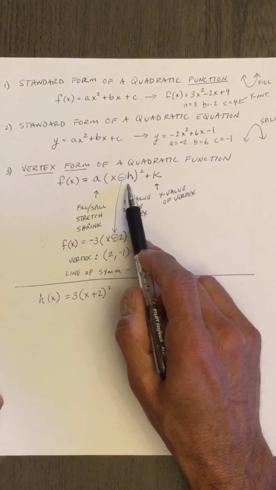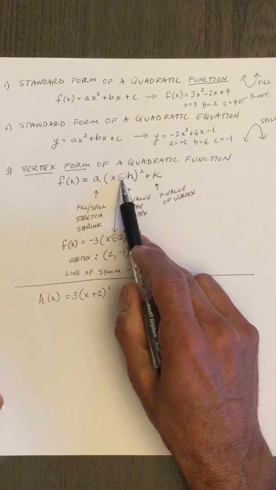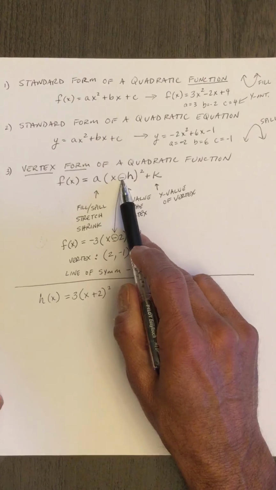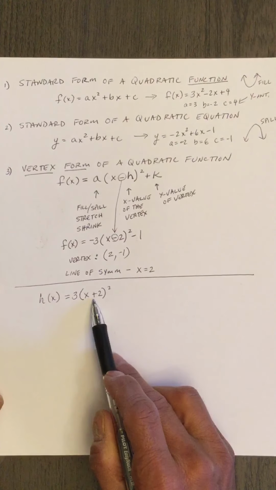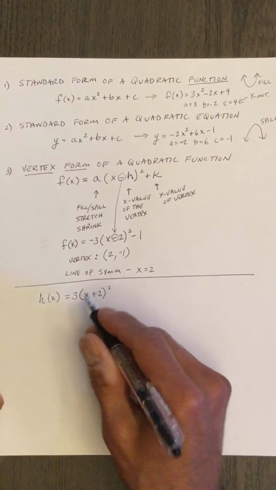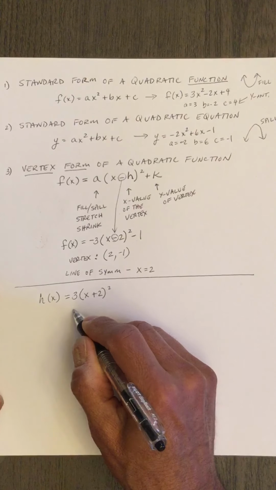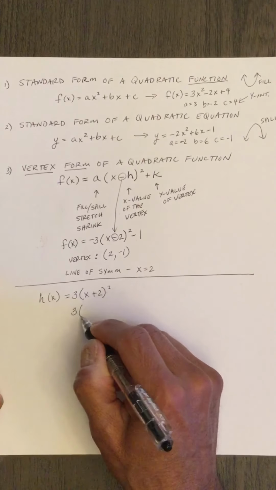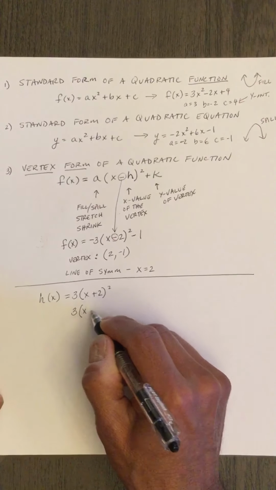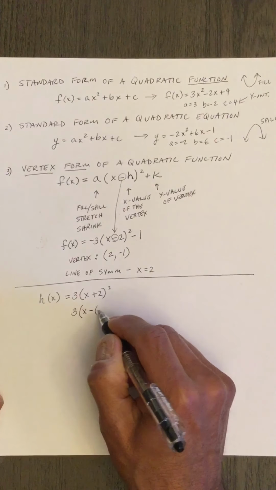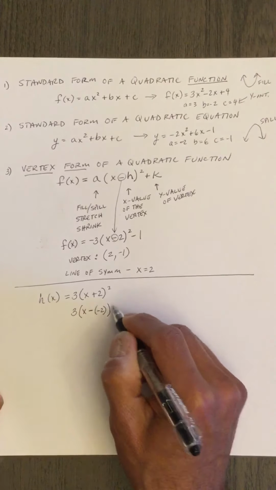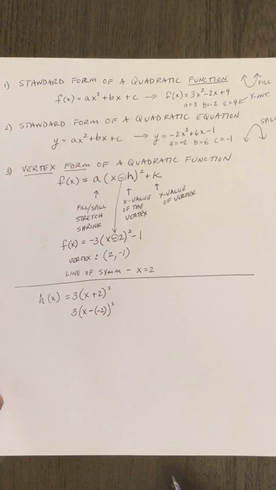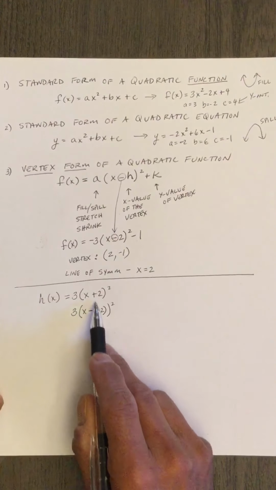If we go up here, remember there's a minus sign in the formula. And here I have a plus sign, okay? Now, in order to get a plus, it's basically written like this. And it's kind of confusing. And I'll give you a shortcut. It's 3 and then parentheses x minus negative 2 squared, right? Because 2 negatives make a positive.